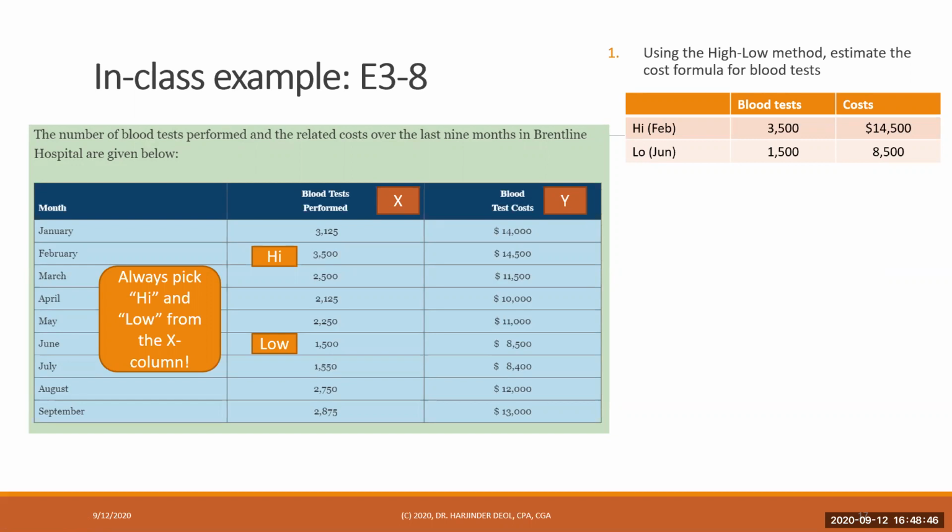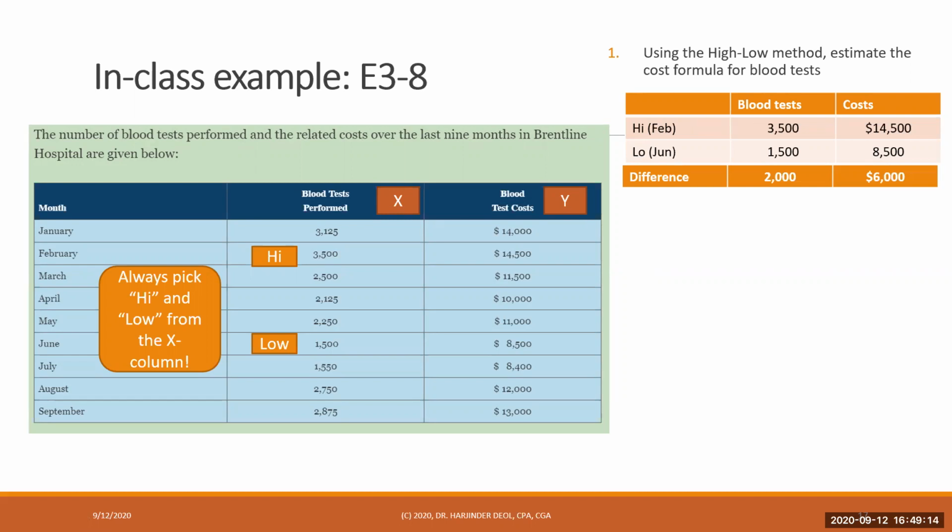The low month was June, in which 1,500 blood tests were done at a cost of $8,500. Once we've gotten these numbers, we can calculate the difference. So the high minus the low gives us the change, the difference of 2,000 blood tests and $6,000 in costs.